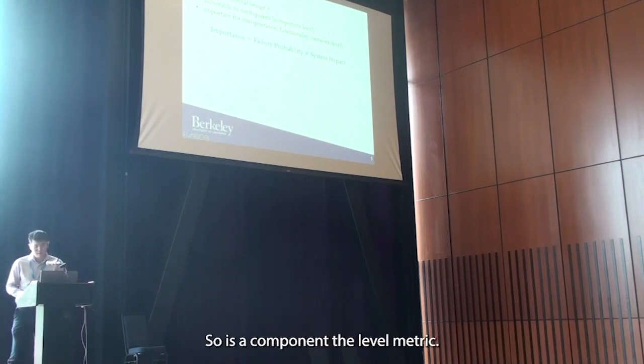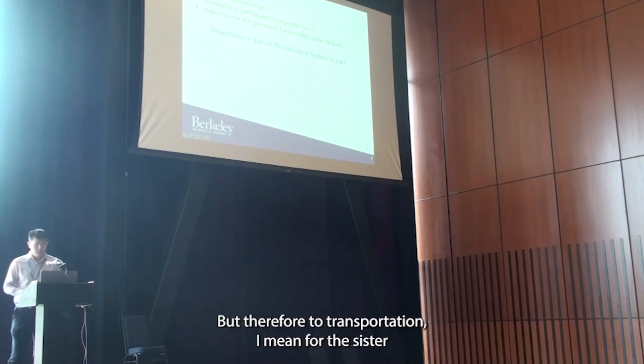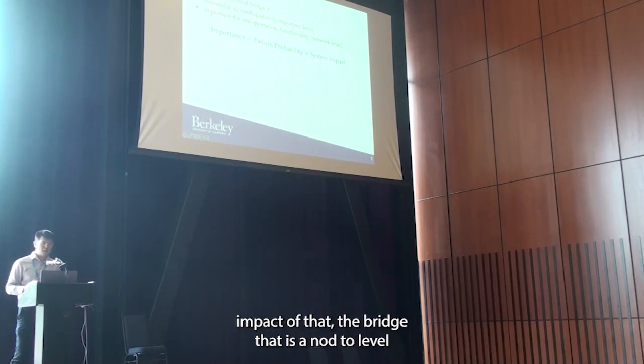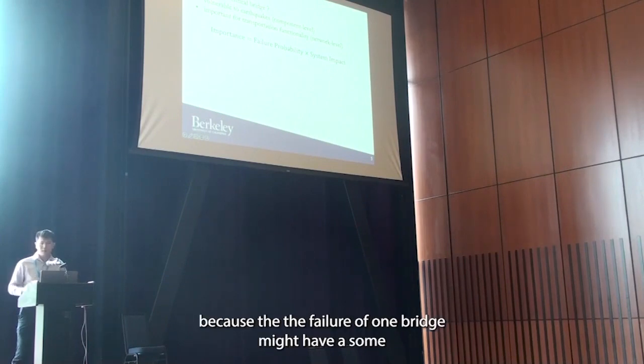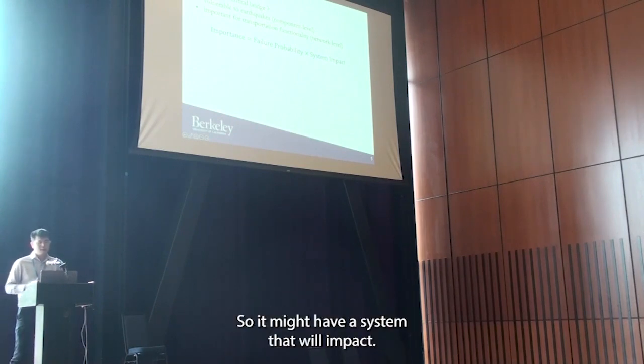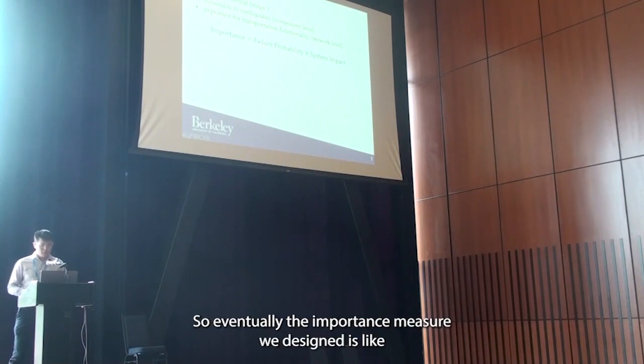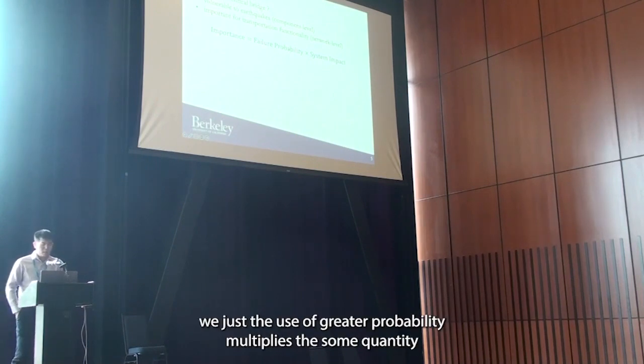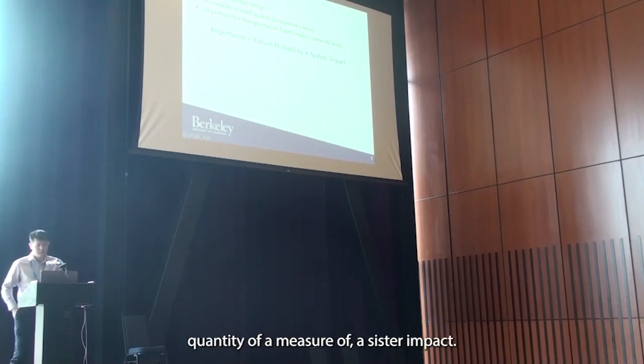But for the system impact of that bridge, that is a network level metric, because the failure of one bridge might have some cascading effect or rippling effect. So it might have a system level impact. Eventually the importance measure we designed is failure probability multiplied by some quantitative measure of system impact.